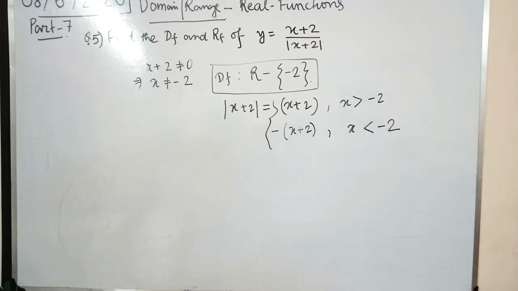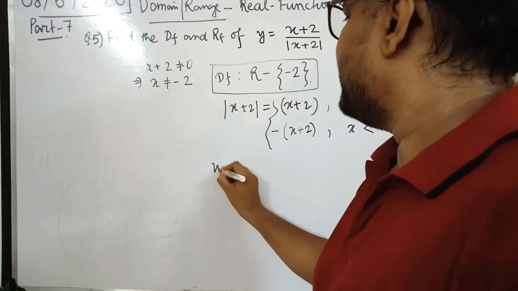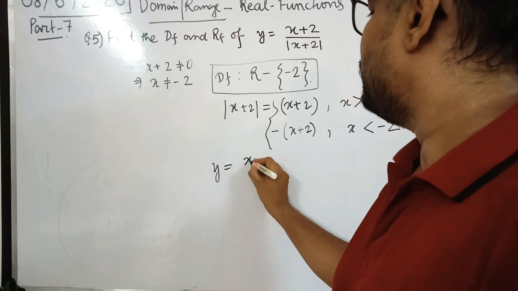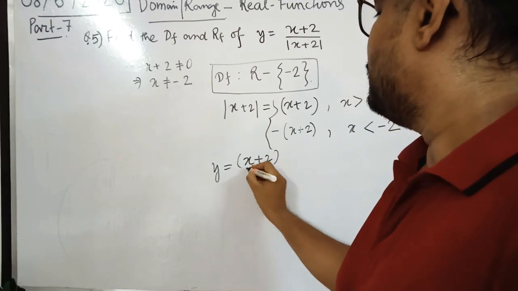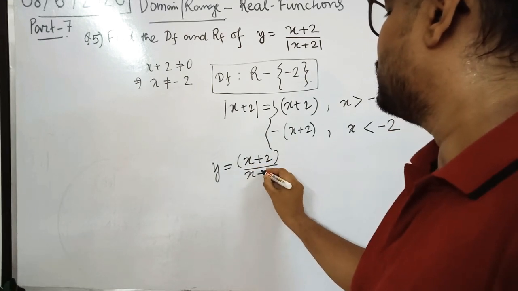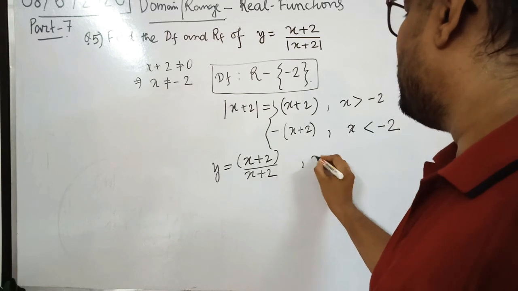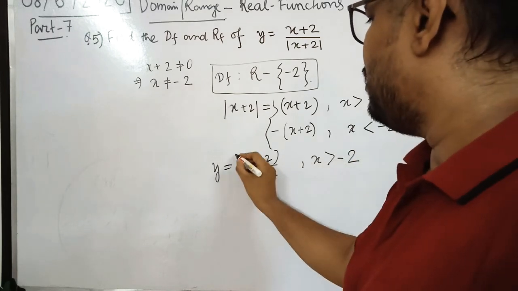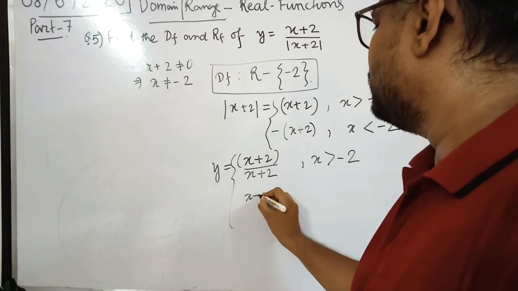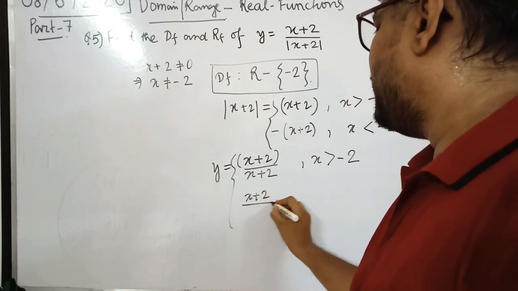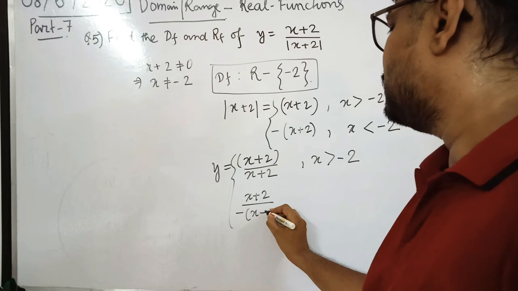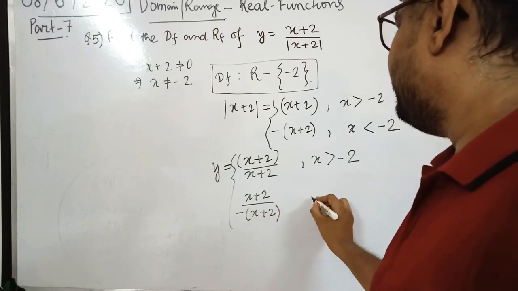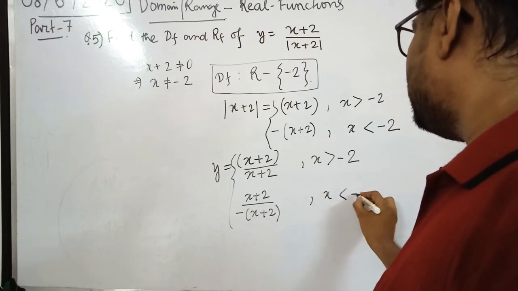Now what happens? Either this y value will become x plus 2 by x plus 2, for all values greater than minus 2, or it will become x plus 2 by minus of x plus 2 if x is less than minus 2.